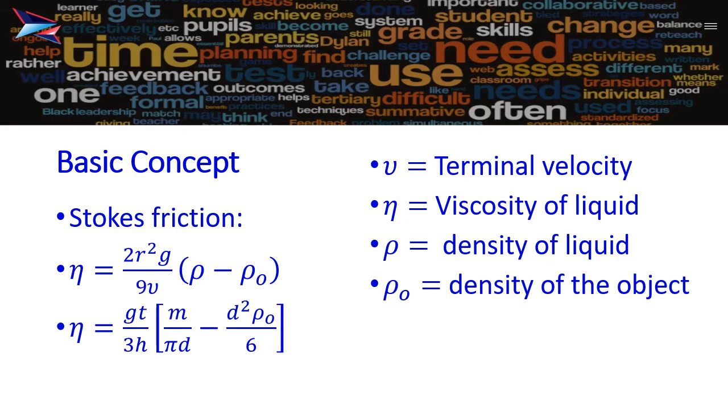The next one is the basic concept for the Stokes friction method to measure or determine the liquid viscosity. In this technique, we are going to use a spherical object, which is a ball bearing. When the object free falls in the liquid, there are two different forces applied to the object.